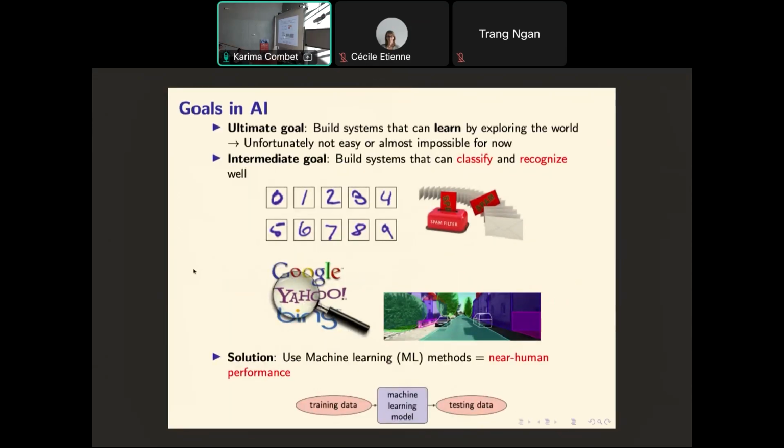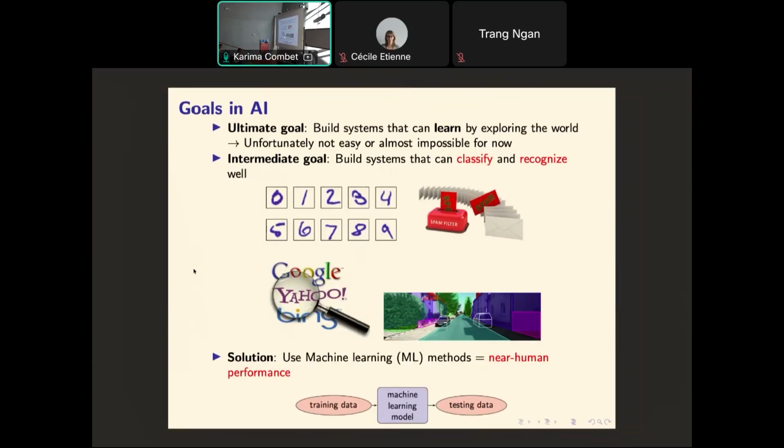You already had some classes yesterday about deep learning and machine learning for medical imaging, for example. The ultimate goal of AI would be to have models that are able to learn from the world, from tasks, and to build systems that are able to perform tasks automatically.